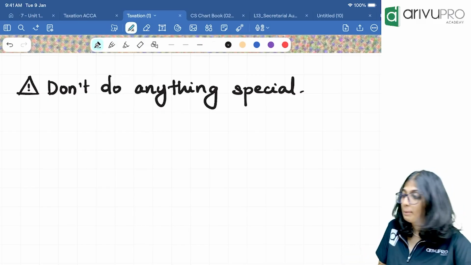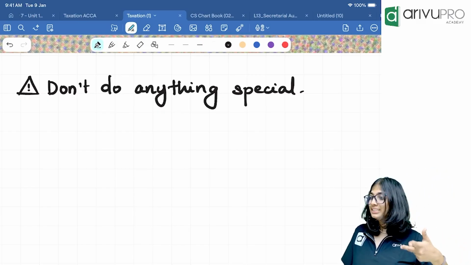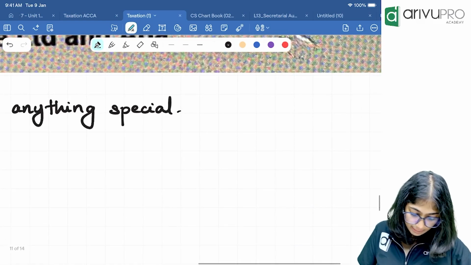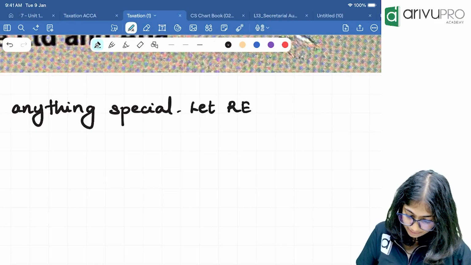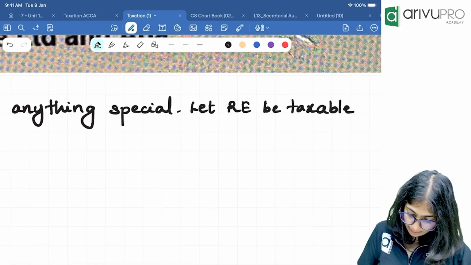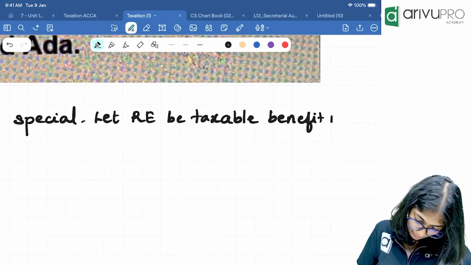You just need to remember that reimbursement you're getting is for both personal stuff and your employment stuff. So don't do anything special. Let reimbursement be reimbursement. That is, let reimbursement be a taxable benefit in the pro forma.